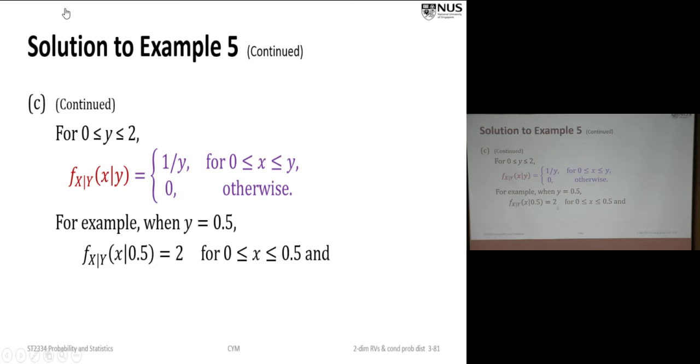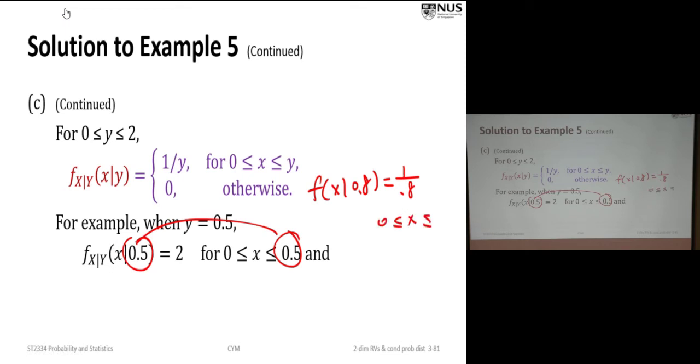It's uniform, so long as x is between 0 and 0.5. You can check. Like for 0.8, this is equal to 1 over 0.8, for x between 0 and 0.8, and 0 otherwise.